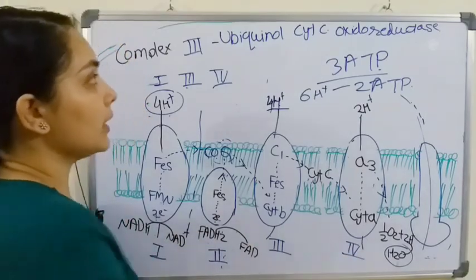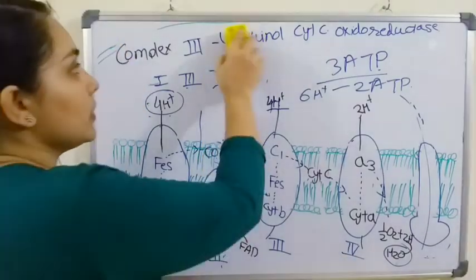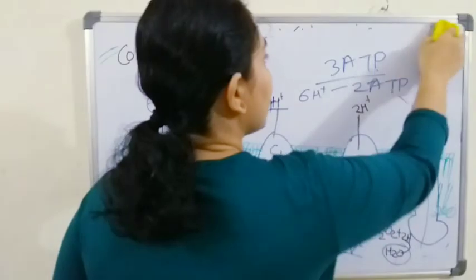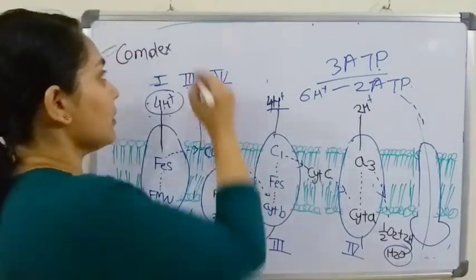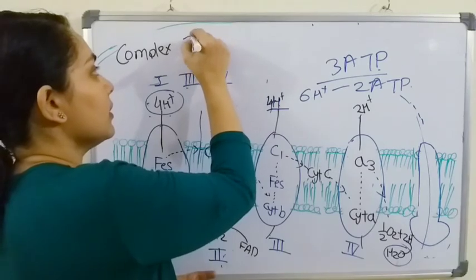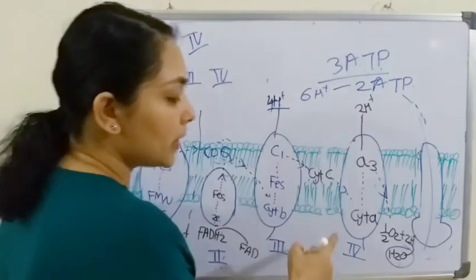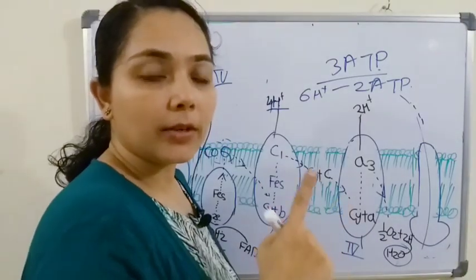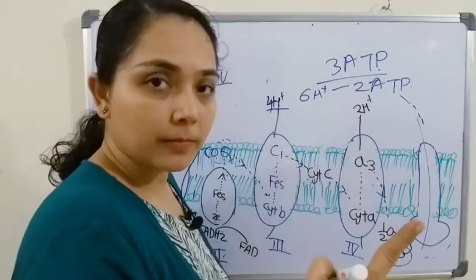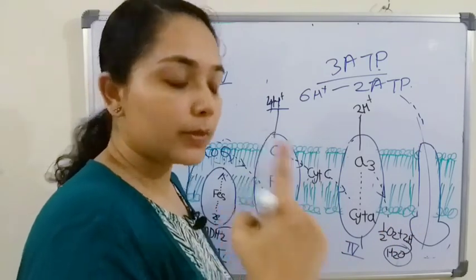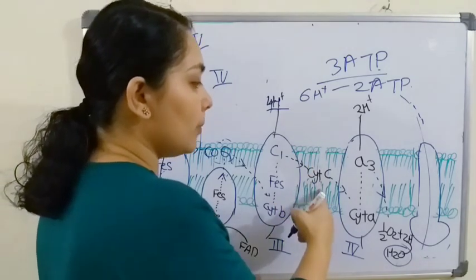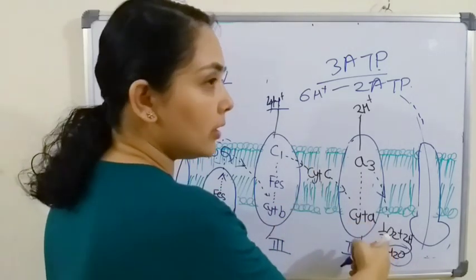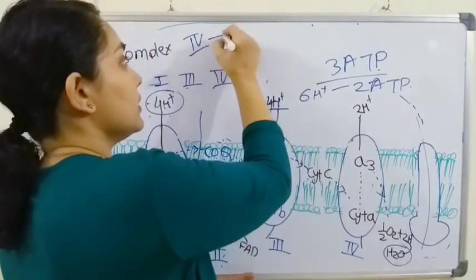We forgot the name of complex 4. Complex 4 is also known as cytochrome C oxidase, or cytochrome oxygen oxidoreductase.